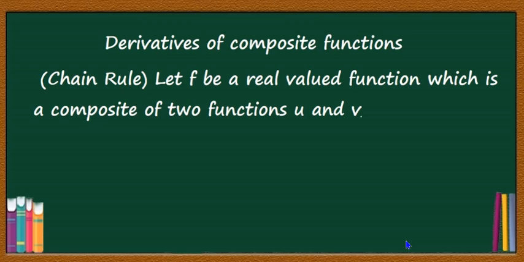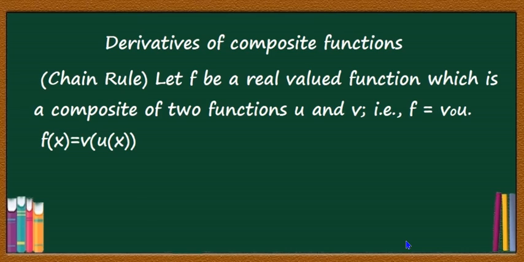See here, the chain rule states like this: let f be a real valued function which is a composite of two functions u and v, that is f is equal to v composite u, and f of x is equal to v of u of x.